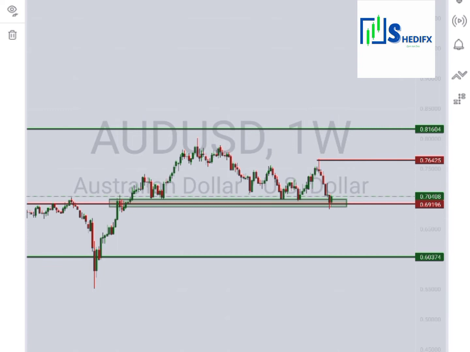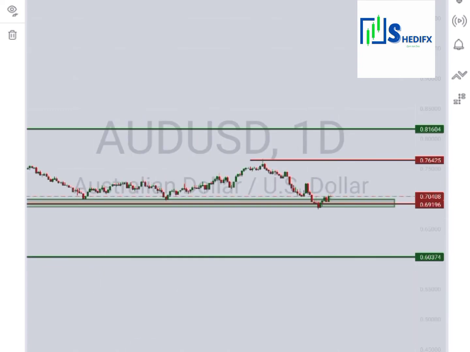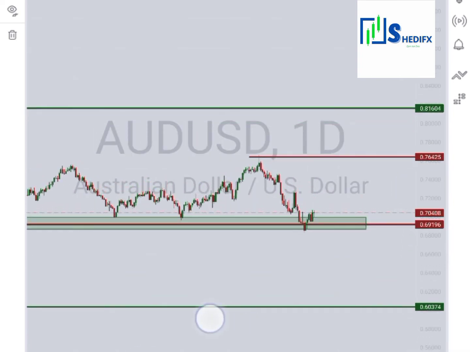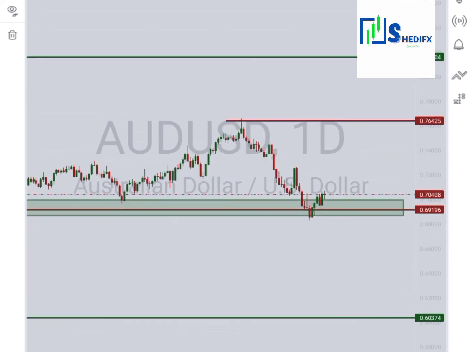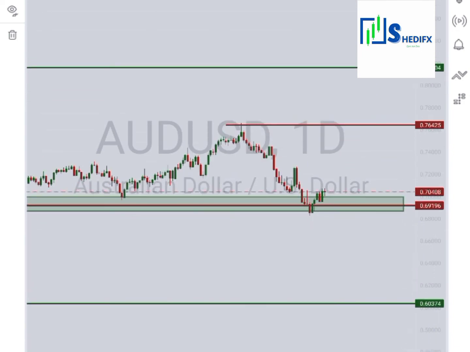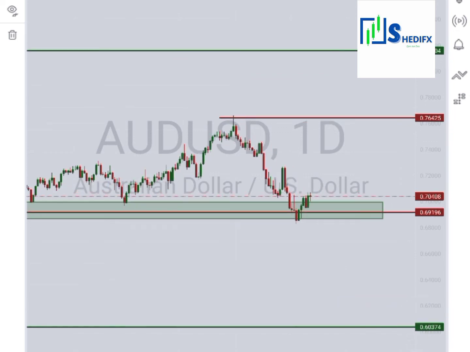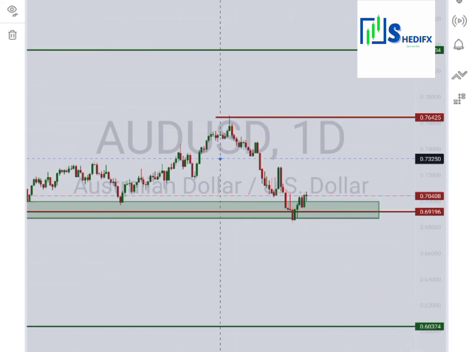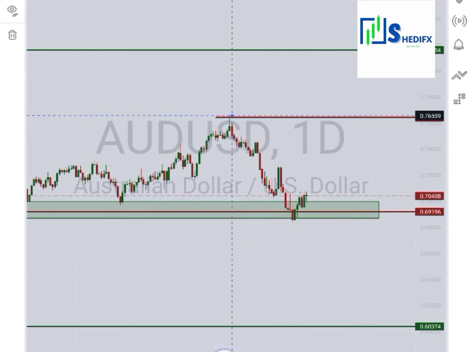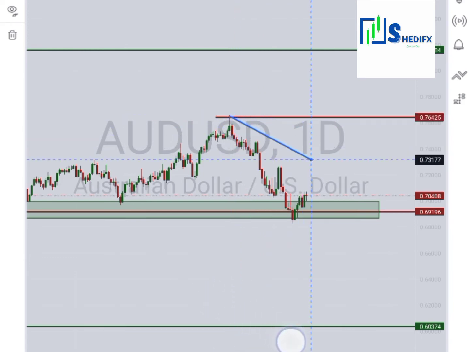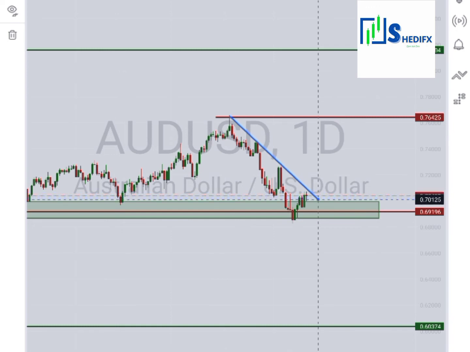So let me go to my daily time frame. All right, so here on the daily time frame, we have a trend line that's been falling. I'm adjusting the trend line so that it will fit in perfectly.